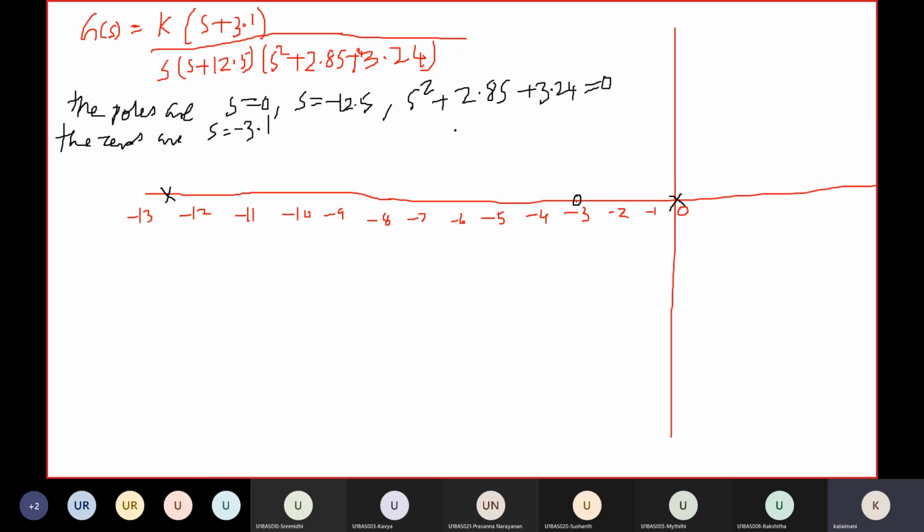If anybody has a calculator, please find these roots and tell me. s square plus 2s plus 3.24 equal to 0.